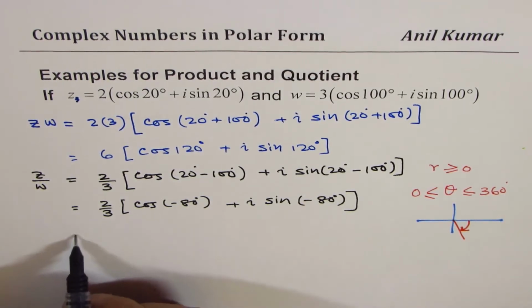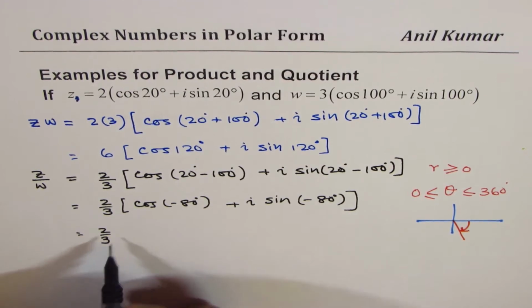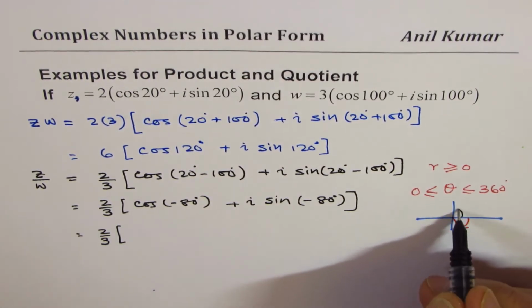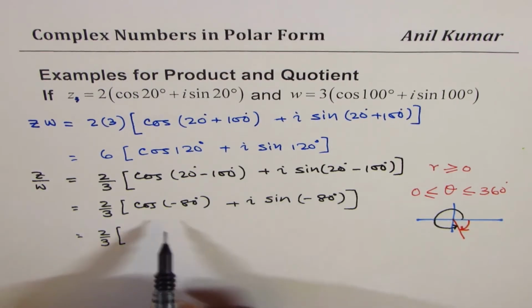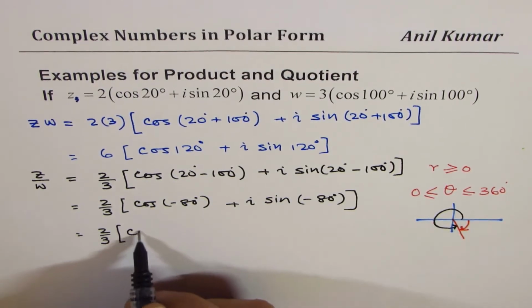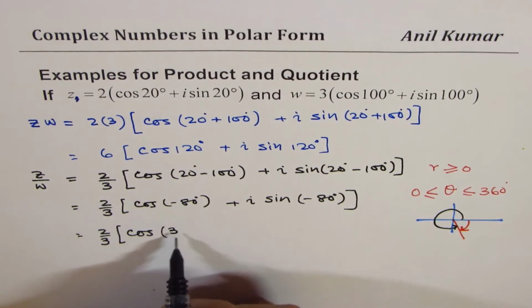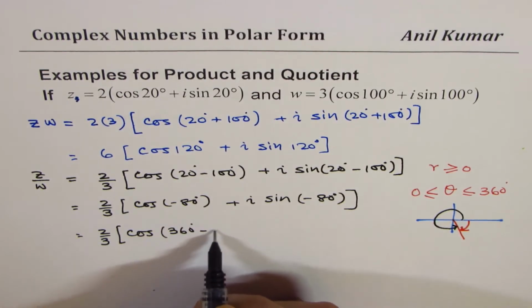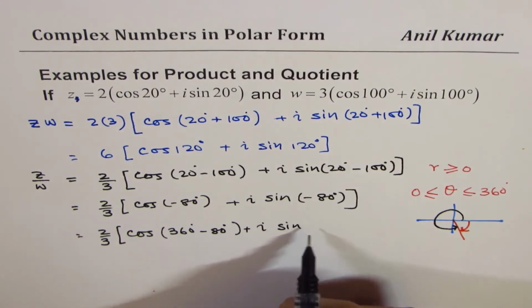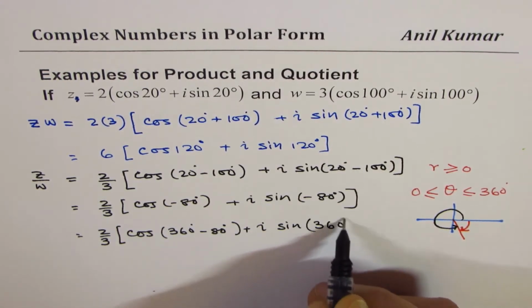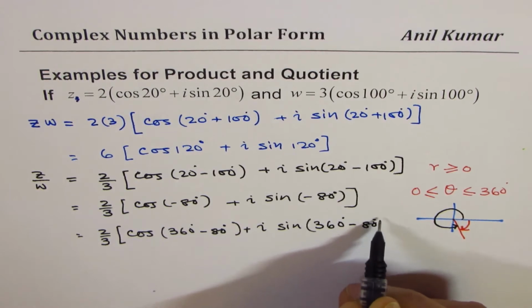So we write this as 2 over 3, 360 minus 80 degrees, correct? So that becomes the angle, which is cos of 360 degrees minus 80 degrees plus i sine of 360 degrees minus 80 degrees, correct?